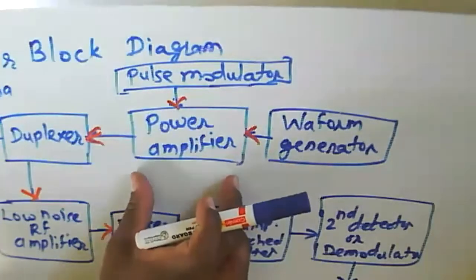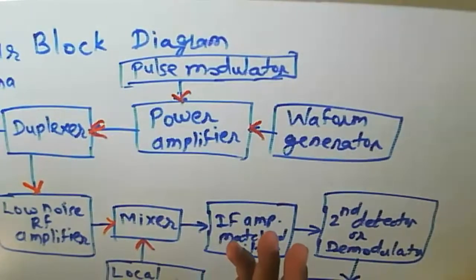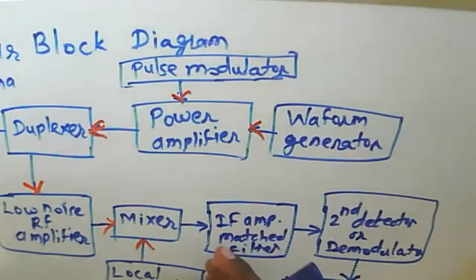But generally in a radar we use a power amplifier to detect objects at a long distance, generally in nautical miles, which are to be detected by the radar.